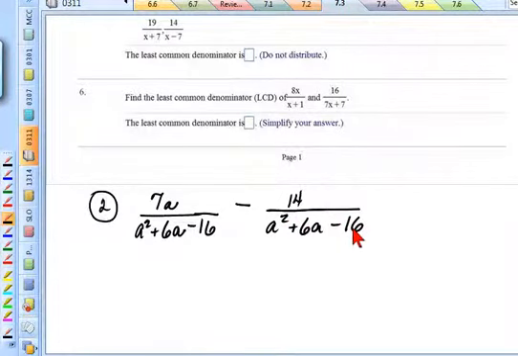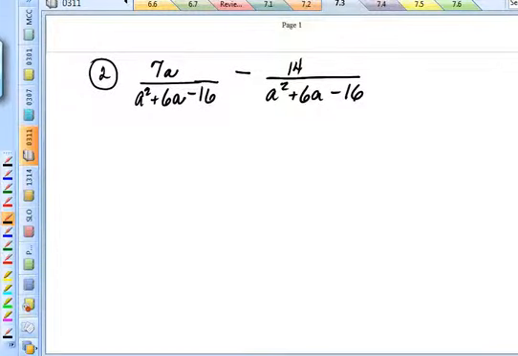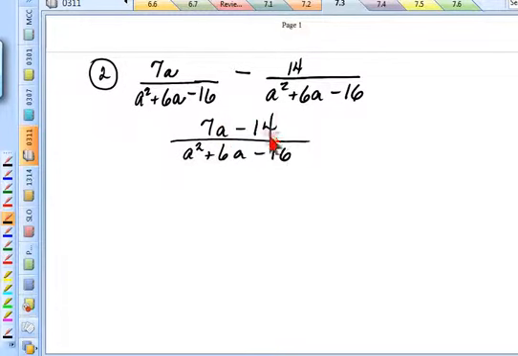This is problem number 2. Addition or subtraction? I need a common denominator. Do I have a common denominator? And the answer is yes. So I will write it once. I have a squared plus 6a minus 16 over 7a minus 14.